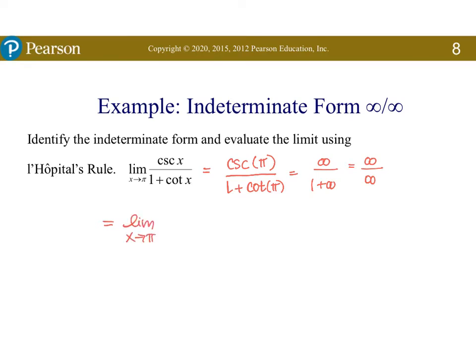So we take our first derivative. The derivative of cosecant is negative cosecant cotangent. And the derivative of 1 plus cotangent is negative cosecant squared.